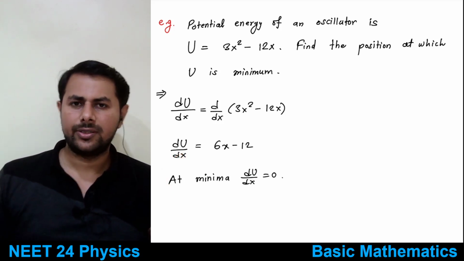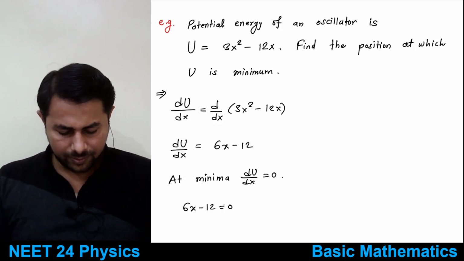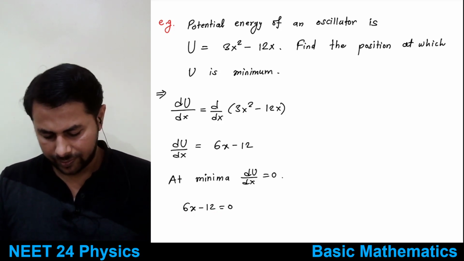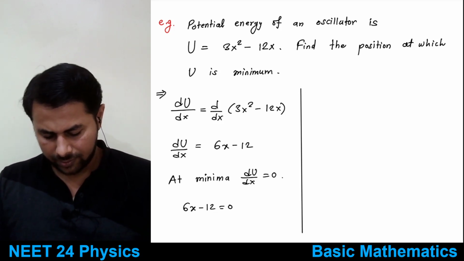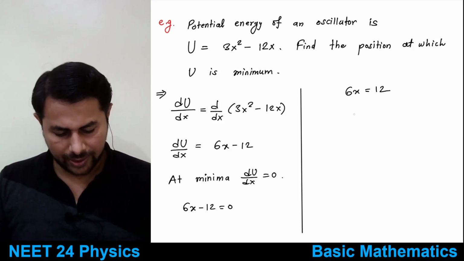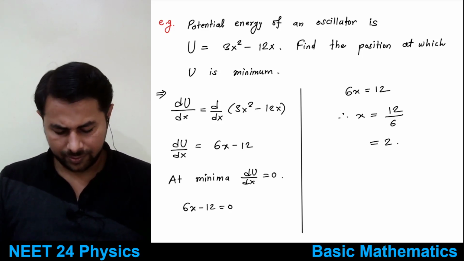So you have 6x minus 12 is equal to 0. Therefore 6x is equal to 12, and therefore x will be equal to 12 by 6, that is 2.